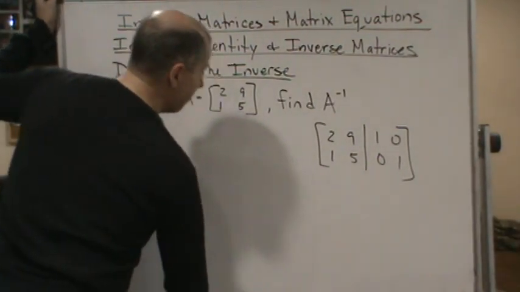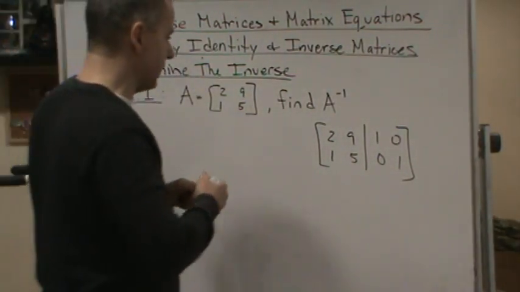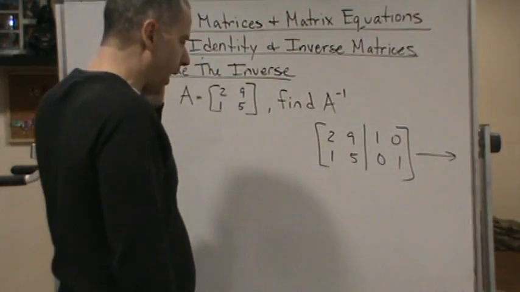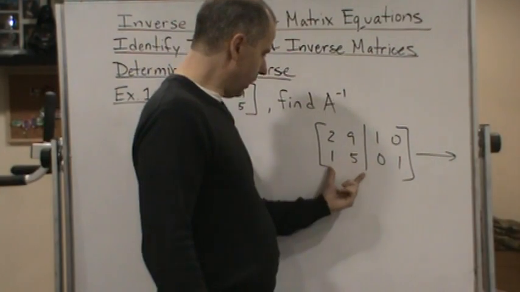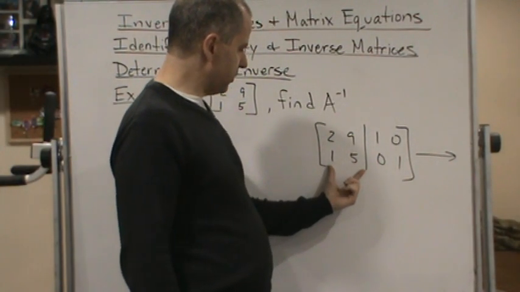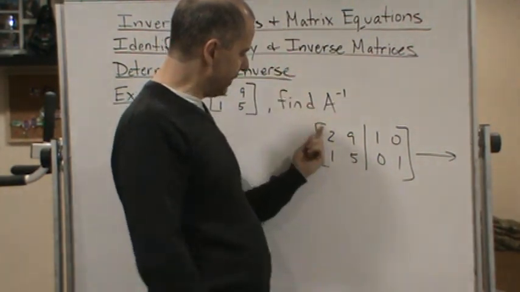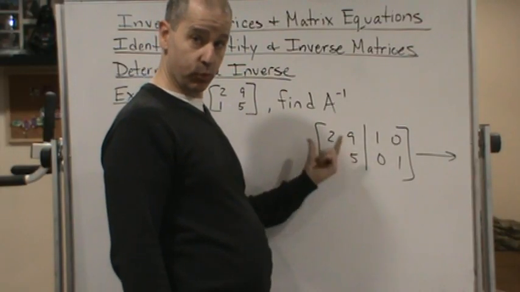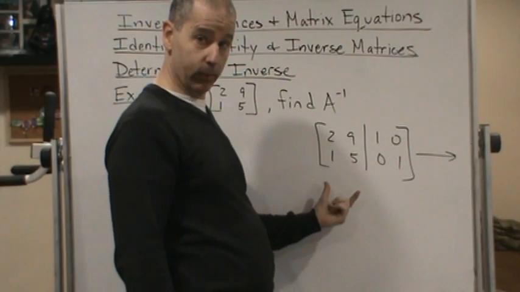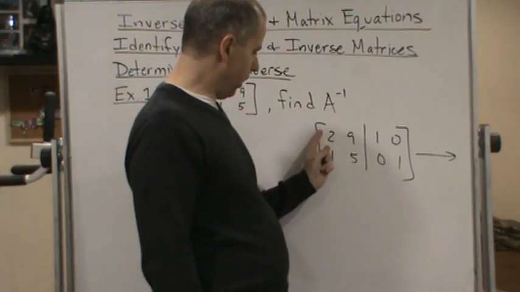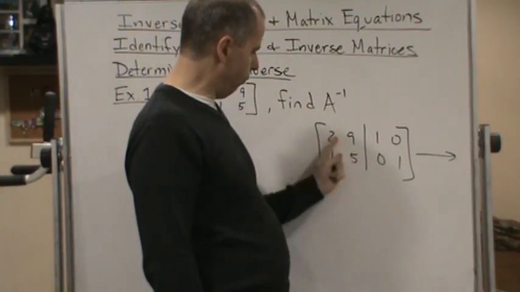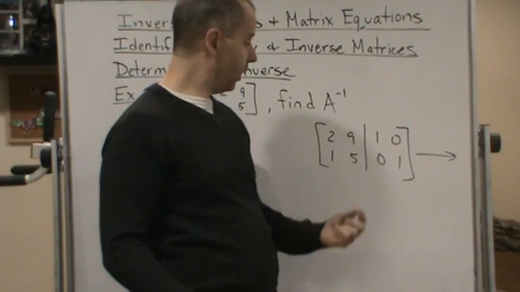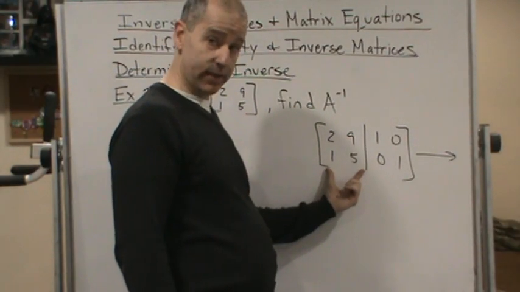And so let's say the first thing is what we want to do is we want to do the elementary row operations so that we can get this in reduced row echelon form, right? Where we have a diagonal of 1s along the main diagonal, and 0s everywhere else. In other words, we want the identity matrix here.